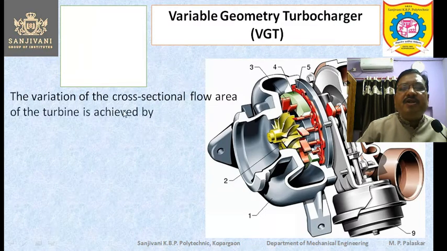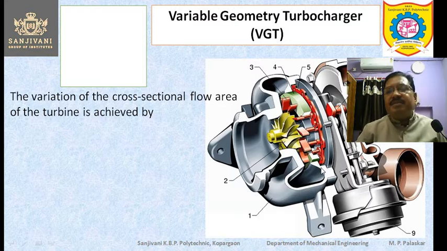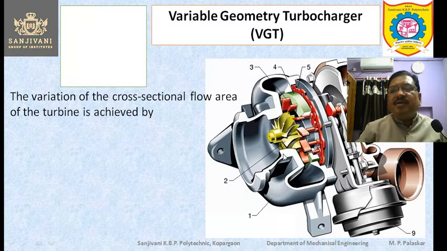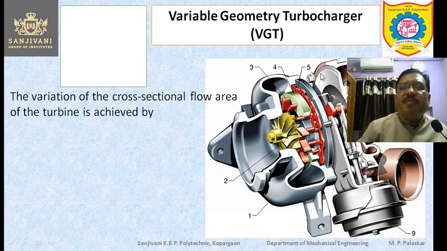So the variation of the cross-sectional flow area of the turbine is achieved by, look at this figure. This is the figure of variable geometry turbocharger. Actually it is a photograph, not a figure.